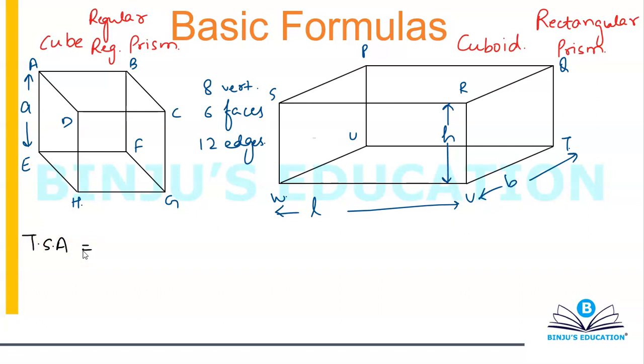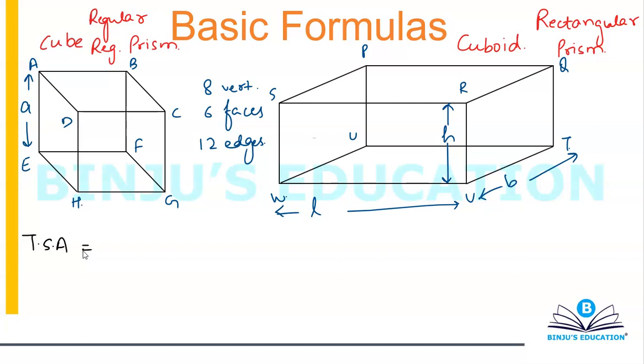Total surface area is basically the area of all the 6 faces. If you look at them one by one, rather than looking at them as 6 faces, you'll realize that one face having edge equal to A, the area will automatically be A square, because area of a square is equal to side square, and one face is basically acting as a square when you talk about a cube.